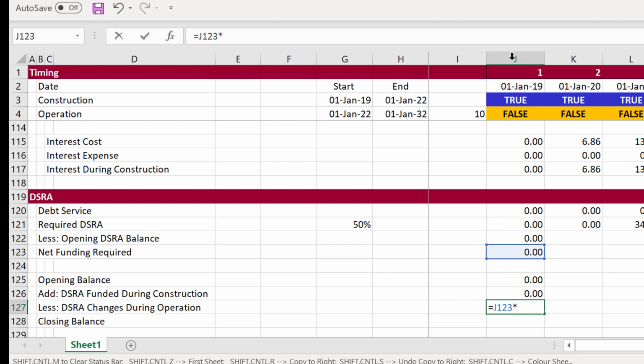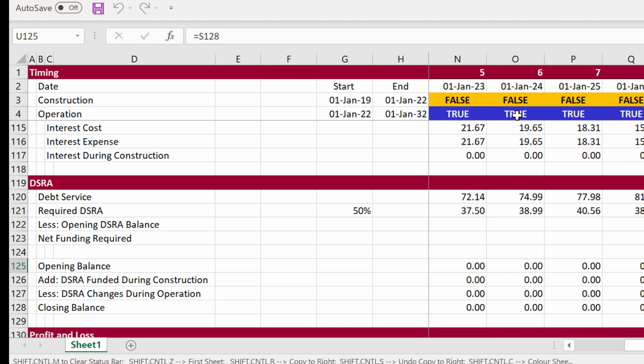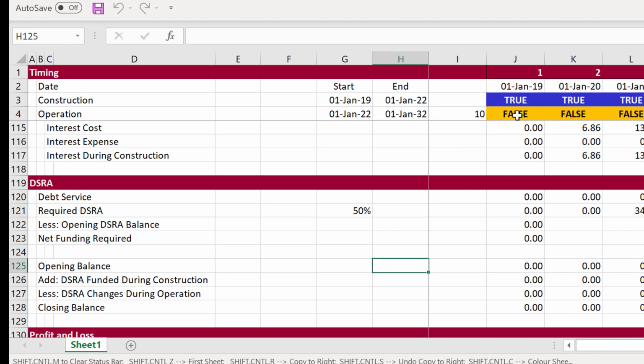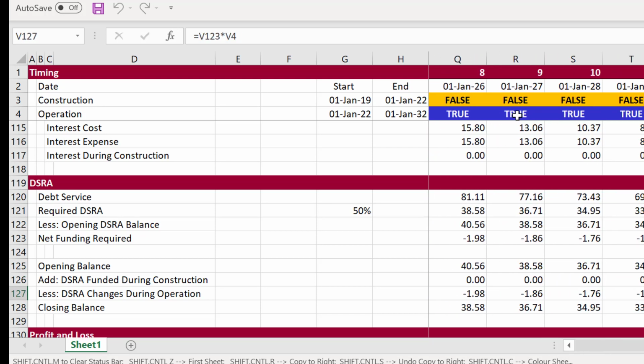We multiply this by the operation period after construction, and we have a closing balance as the opening balance plus the funded plus the post funding. Okay, I didn't copy these across. And there we have our DSRA, which gets funded and then gets repaid here.